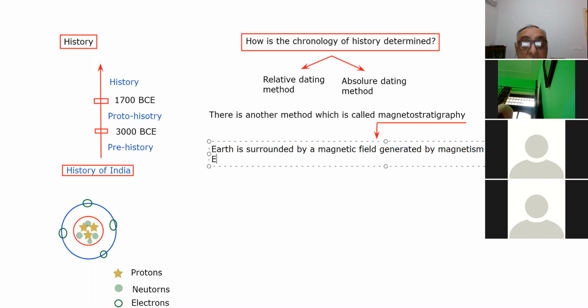So earth के core के अंदर जो magnetism है उसकी वजह से ये होता है, right?